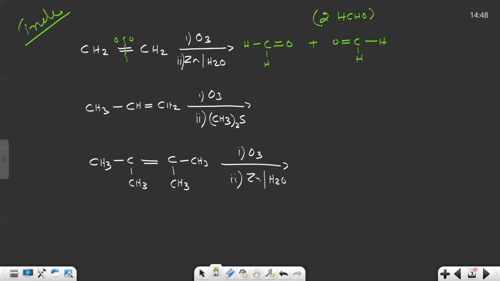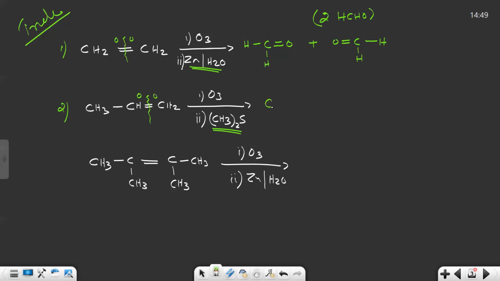Now here in the second example, how can we make it? Here we are using ozone and dimethyl sulfide, and in the first case we used zinc and H2O. Both are the same in the sense that the reaction is the same, two different compounds, but the product formed will be the same. Here too the same thing, break the double bond, then add one oxygen atom on both sides.